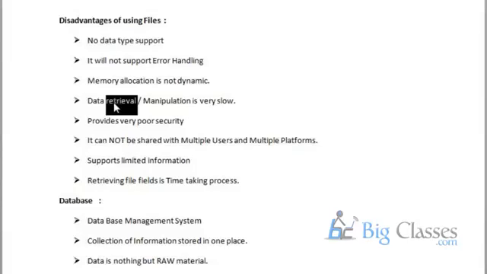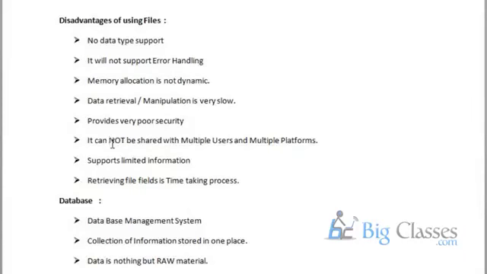That is, opening a file, getting the data, then editing the data, then saving the data is slow compared to relational databases. Then they provide very poor security. These files which have information in them provide poor security compared to databases. Then it cannot be shared with multiple users and multiple platforms.